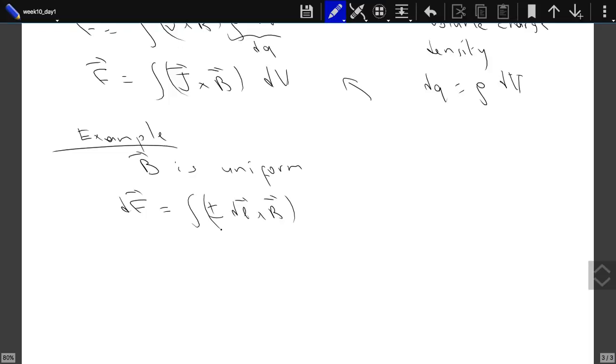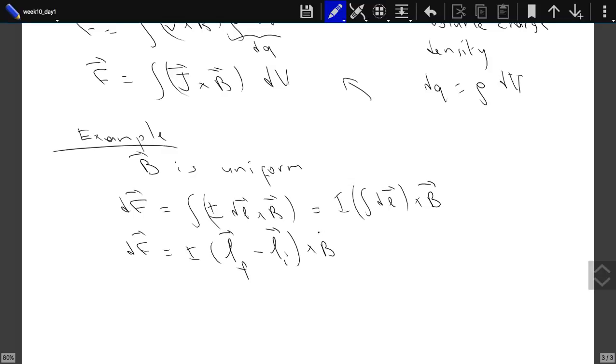I is constant, I can take it out of the integration. So this is equal to I times the integral of dl, cross B. Or the F is equal to I times the final point of my wire minus the initial point of my wire, cross B.